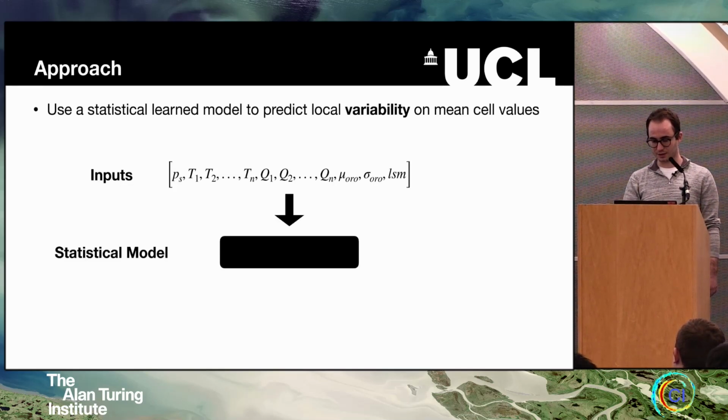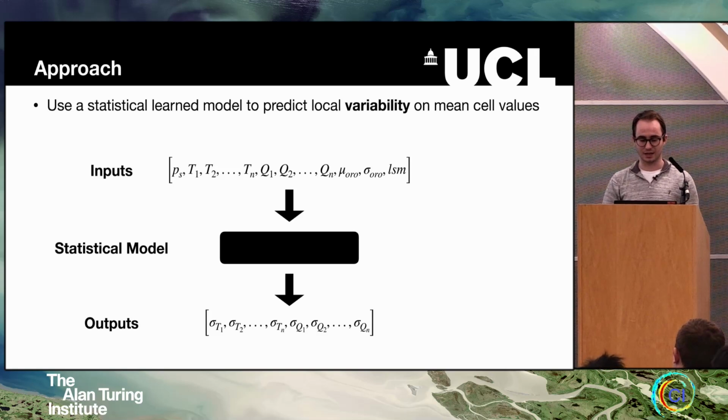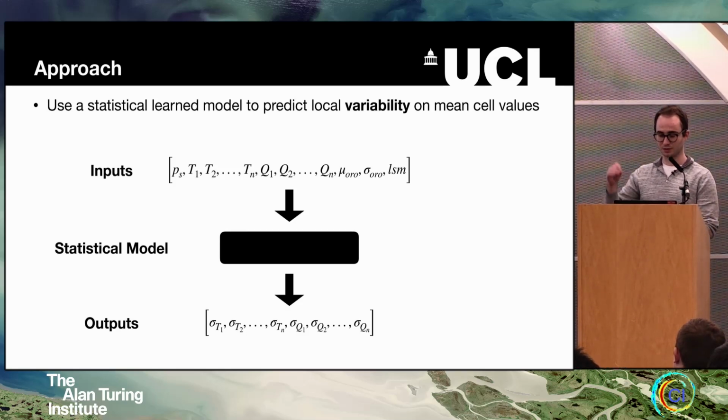We then train a statistical model to learn the relationship between those inputs and the variability at that particular column of cells. So we predict the variability in the temperature field for that particular column. We've got 8 outputs there in this case, and we also do the same thing for the specific humidity.